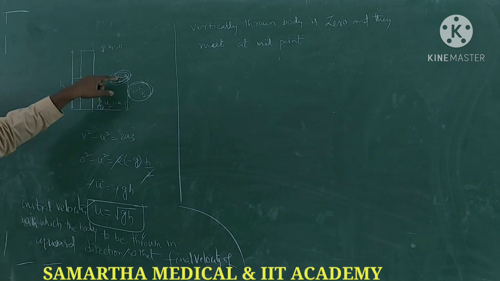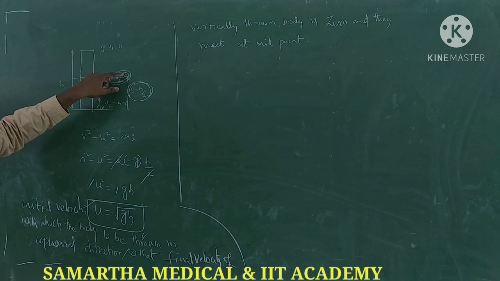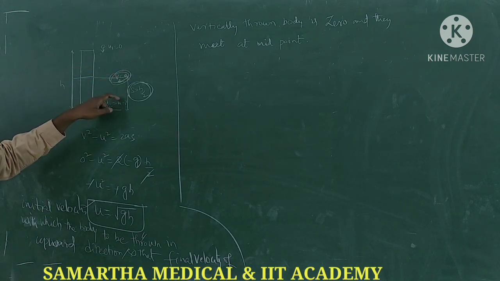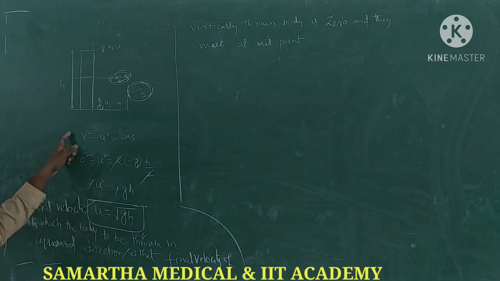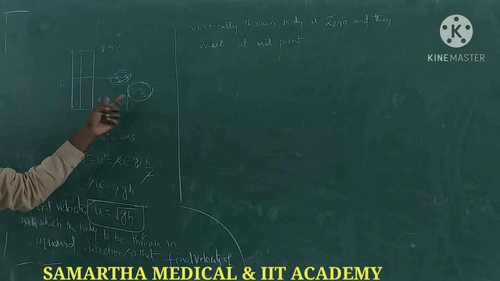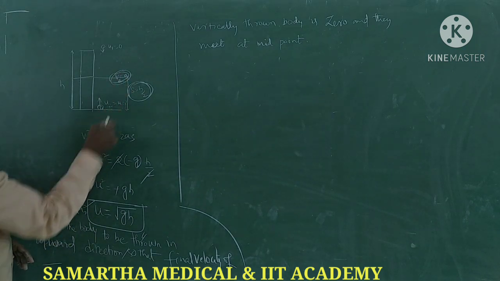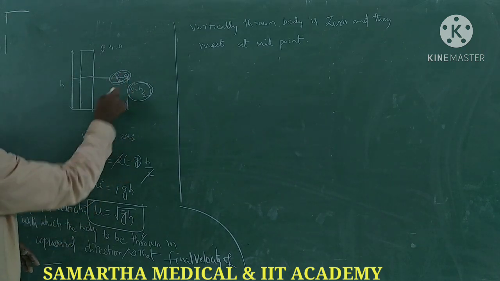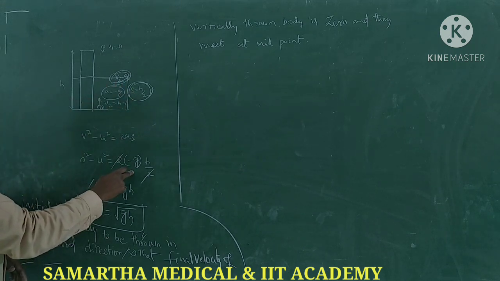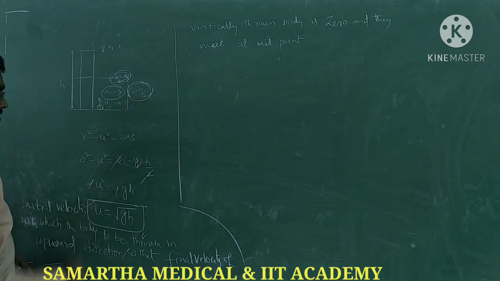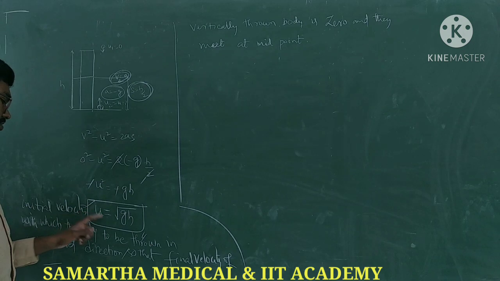If they meet at the midpoint, where our vertically projected body's final velocity becomes 0 at the meeting point, then the initial velocity thrown upward is u equal to root gh, and this is the proof. So v square minus u square equal to 2as. V is 0, so minus u square equal to 2 into a, which is minus g, while going in the upward direction. S is h by 2. 2 gets cancelled. Minus u square equal to minus gh. Minus minus gets cancelled. U equal to root gh.